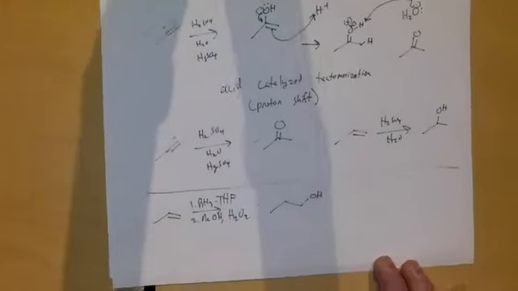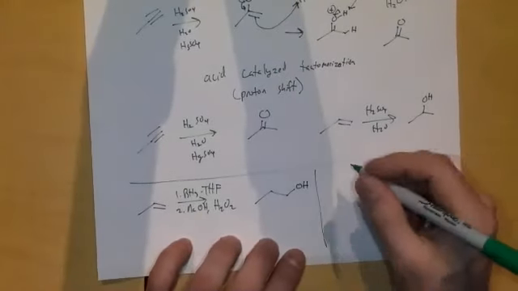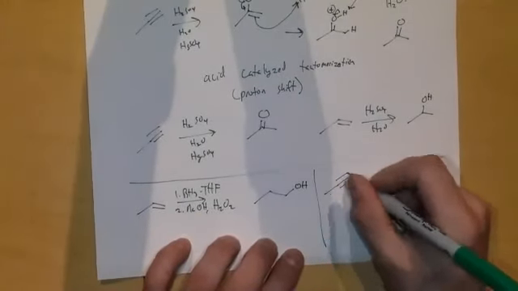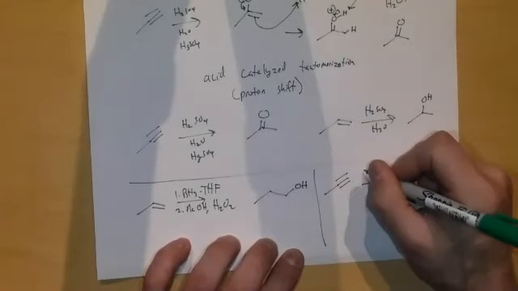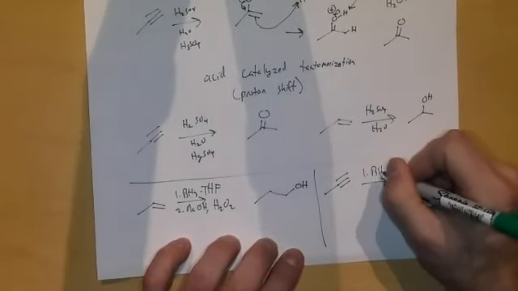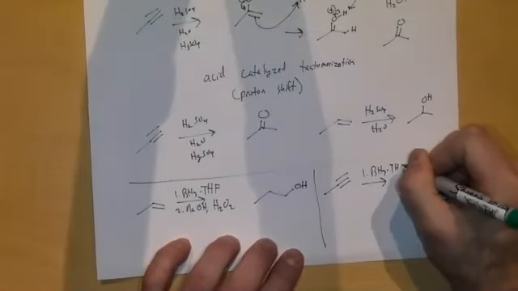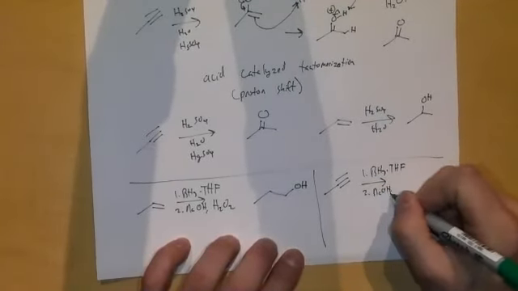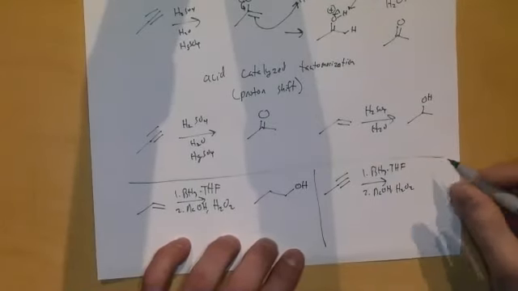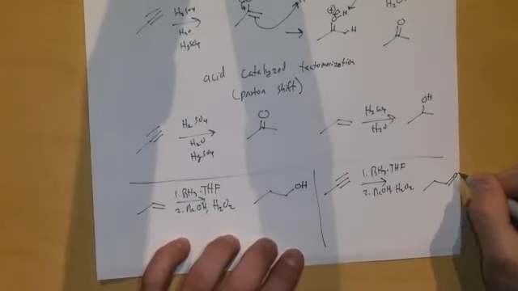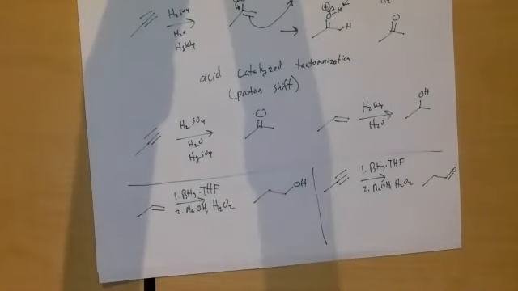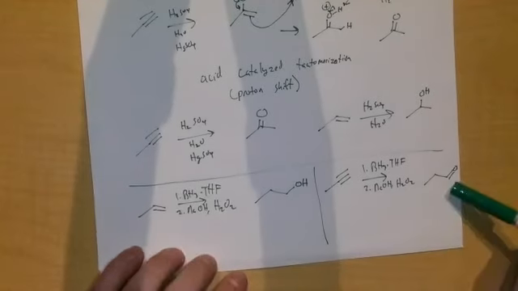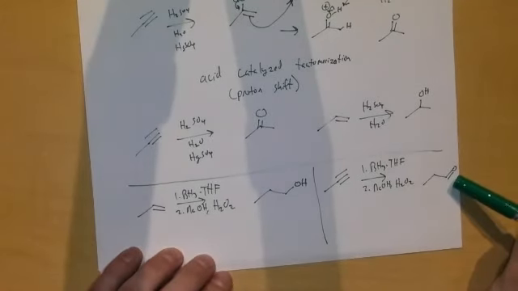If we use the exact same reagents on a triple bond, we're going to make an aldehyde. So we're going to form two bonds to an oxygen. It's going to be on the same oxygen. It's going to be on our anti-Markovnikov position.